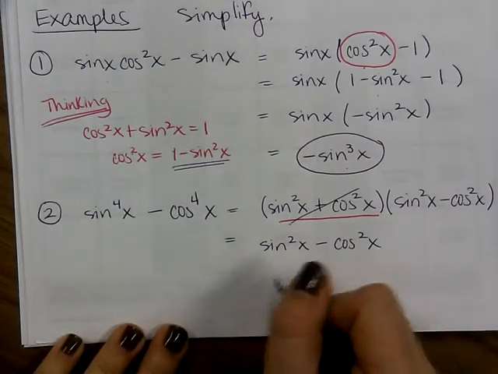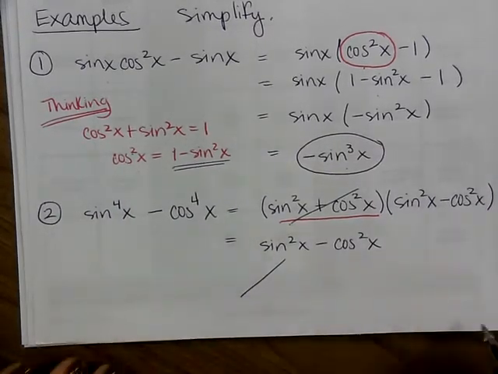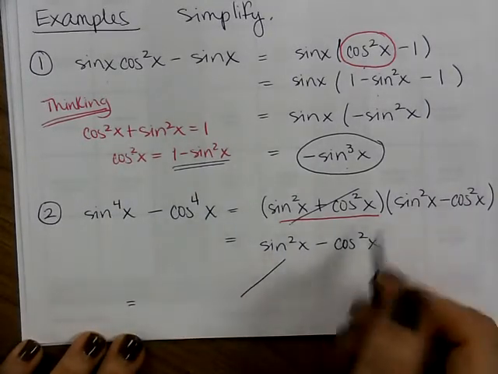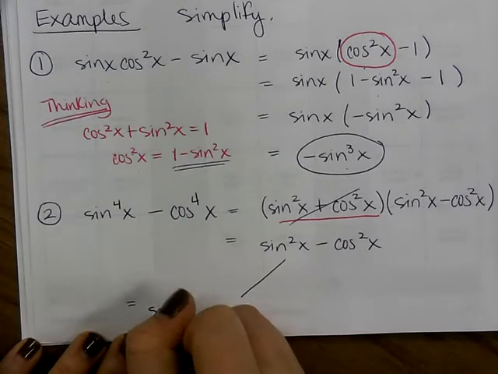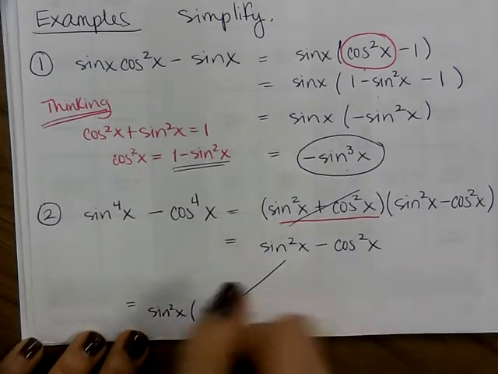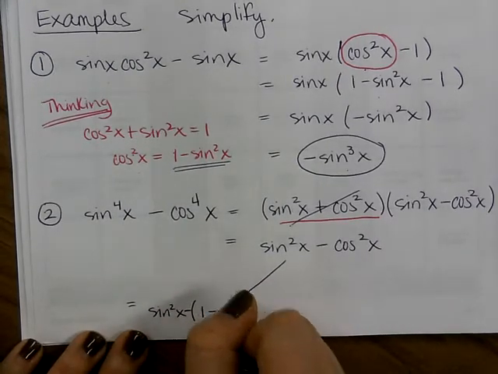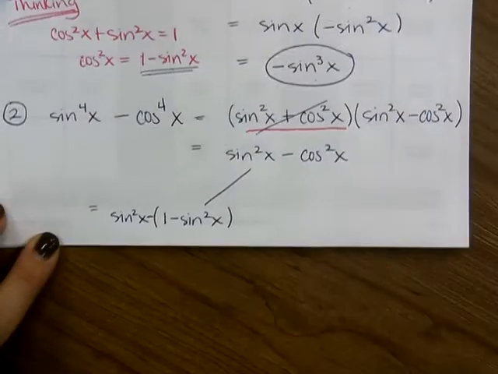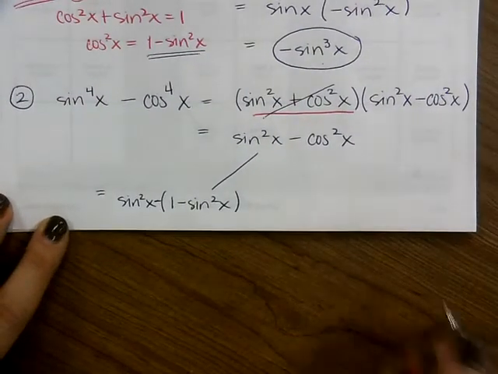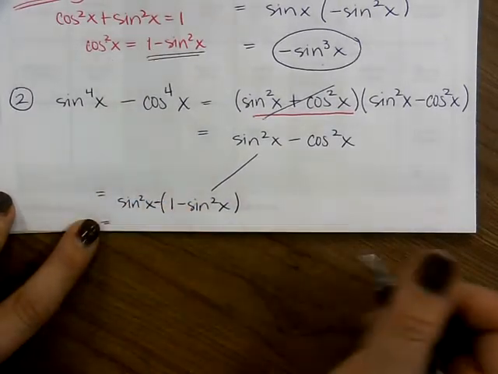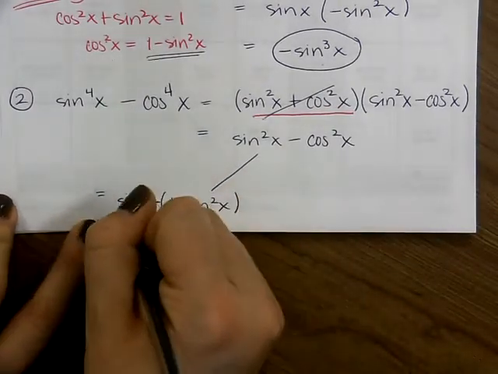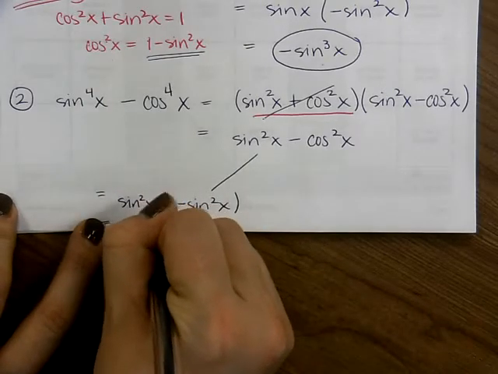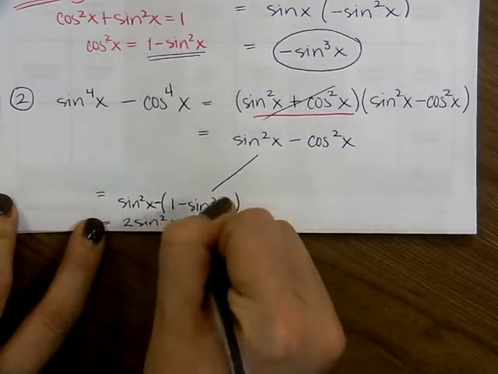Okay, so I'm going to do that. I'm going to do it like this because hopefully you'll see something else. So I'm going to replace cosine squared with 1 minus sine squared. Okay, so now when I simplify that, I end up getting 2 sine squared of x minus 1.